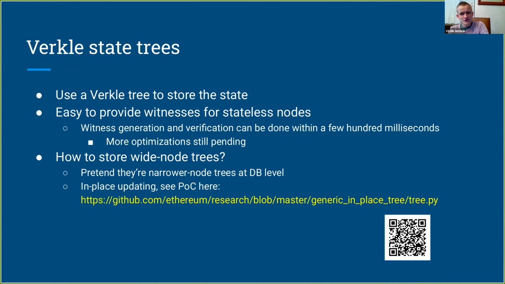And then the second nuance is from a sync protocol perspective, and from a witness provision perspective. In a traditional binary or hexary tree structure, providing nodes and providing a witness are the same thing. Whereas here, providing nodes and providing a witness are not the same thing.